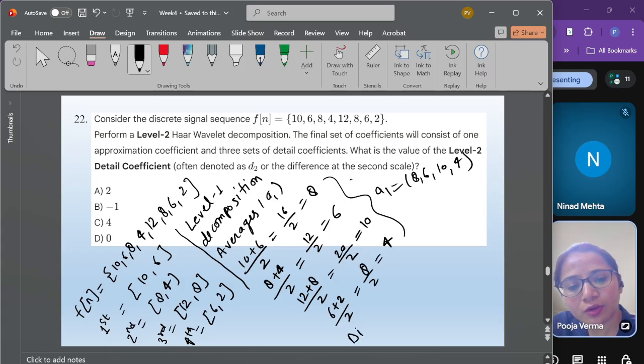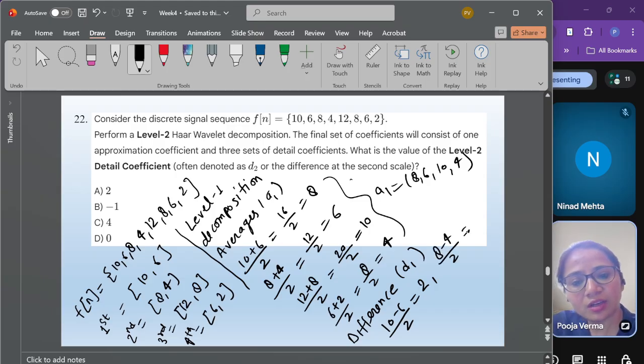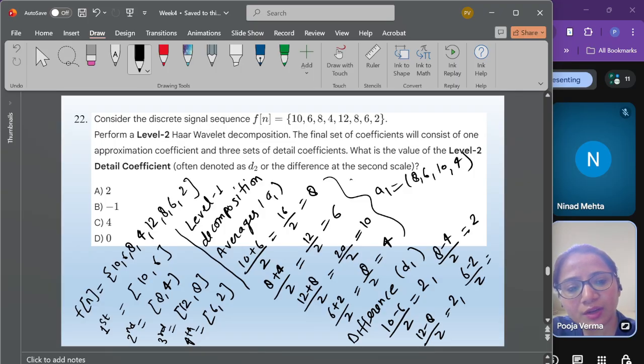Now we need to find the differences, which we represent by D1. 10 minus 6 divided by 2 is 4 by 2, so you get 2. 8 minus 4 divided by 2 again gives 2. 12 minus 8 divided by 2 gives 2. 6 minus 2 divided by 2 gives 2.